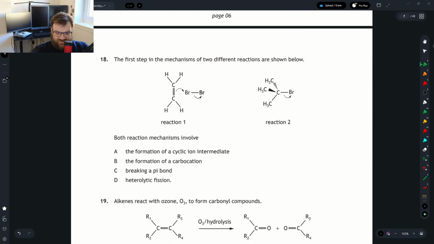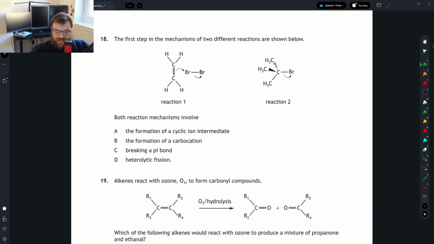On to number 18. We've got two different reactions and we're asked what is the same in both of these. So we would get a cyclic intermediate when alkenes are reacting with halogen. So I would say it would happen in reaction 1, but not in reaction 2.